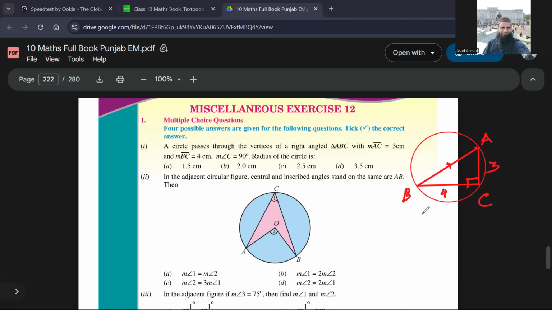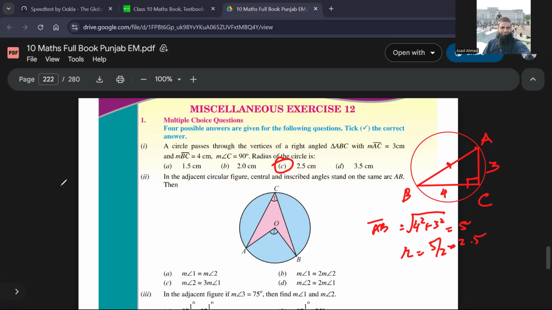So we will be finding AB first by using Pythagoras theorem, 4 square plus 3 square, and its radical will give you the value of AB. So this will become 5. Because AB is the complete diameter, radius will be 5 by 2, that is 2.5. So the option will be 2.5 centimeter.